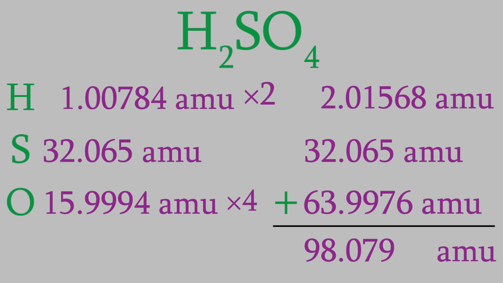For now, I have one last comment about significant figures. Suppose that when we calculated the mass of sulfuric acid, it had come to 98.0958 AMU. In that case, to get 3 decimal places, we would have rounded up instead of down.